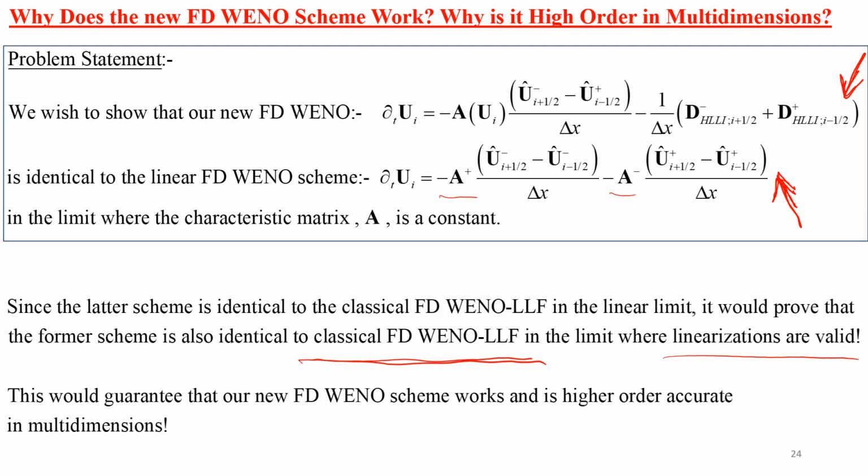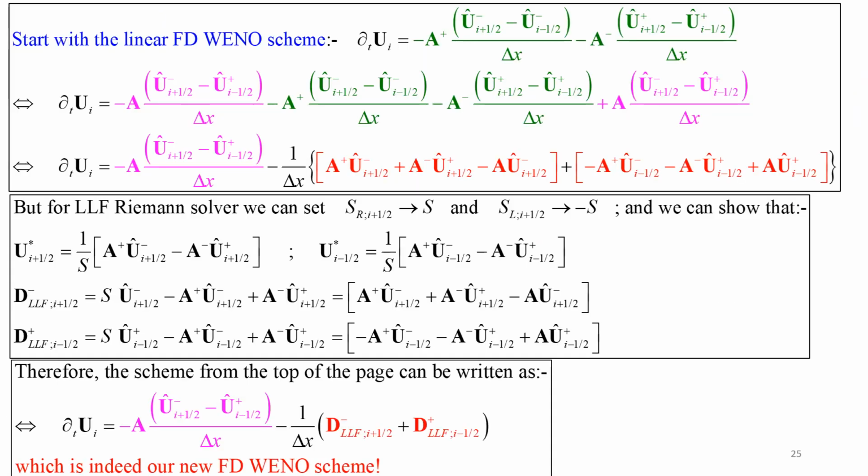Okay, so keep your eye focused on this second equation on this page. I'm going to just go ahead and transcribe it to the first equation on the next page. So this is just the previous equation that you've seen. And all I'm going to do is subtract and add the same additional term.